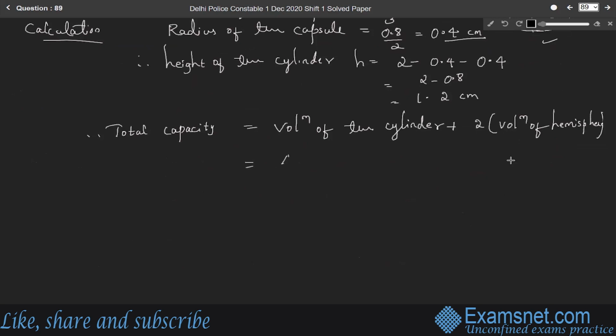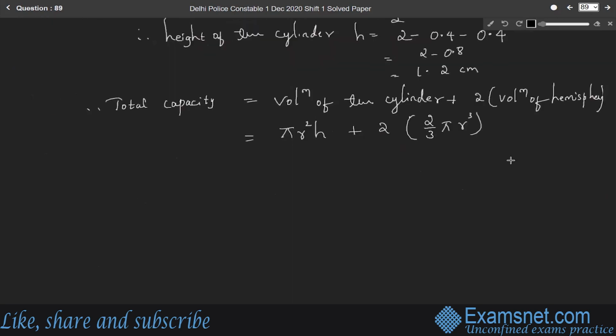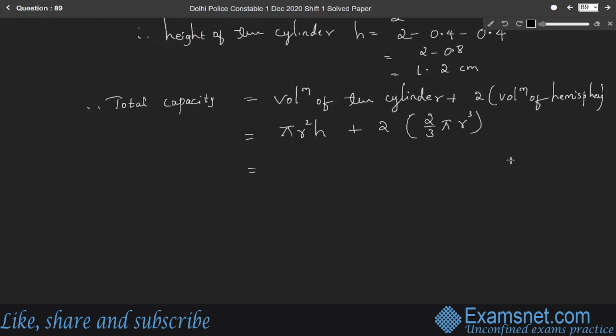So the volume of the cylinder according to the formula is pi r square h plus 2 times the volume of the hemisphere, which is 2 by 3 pi r cube, right? Therefore, pi r square is common. So here h plus 2 into 2, which is 4, so 4 by 3 into r, right? Substitute the values.